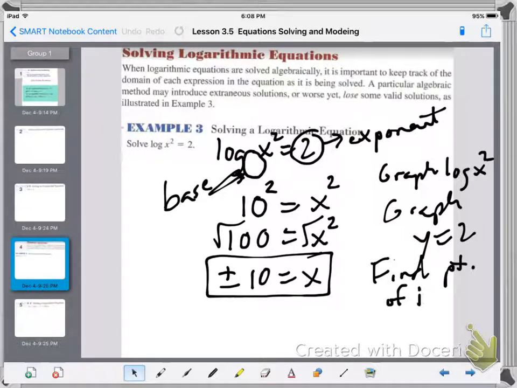And there are, by the way. So do it algebraically, but then graph it to see if both x values are in fact solutions. Okay?